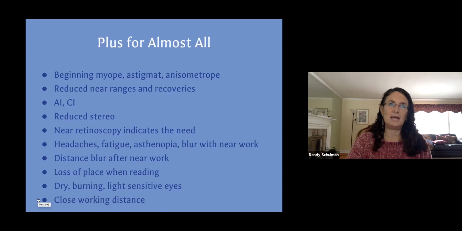And I can't tell you how many people come in over minus. I had another one. She came in because she's now esotropic at 42. She had been wearing -2 sphere lenses, and then over the last year and a half or 2 years, she had gone up to -2.50.